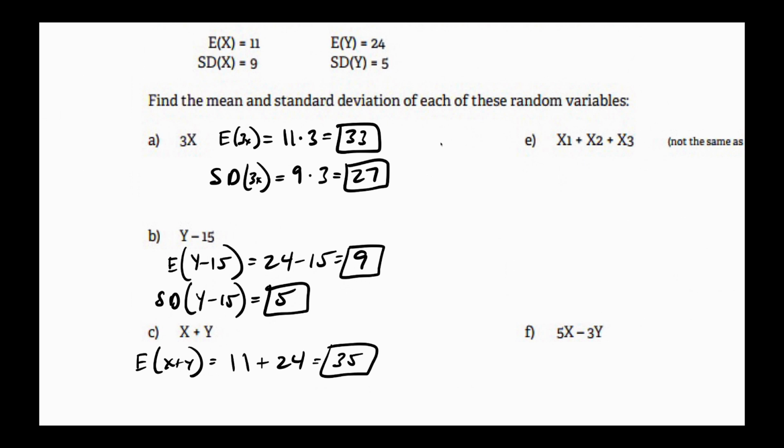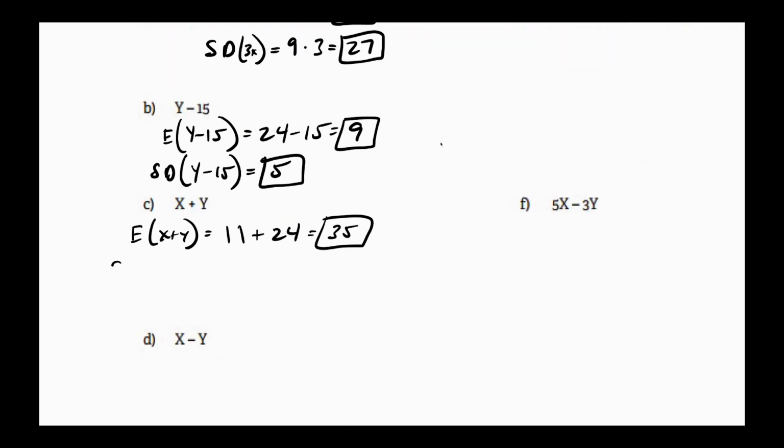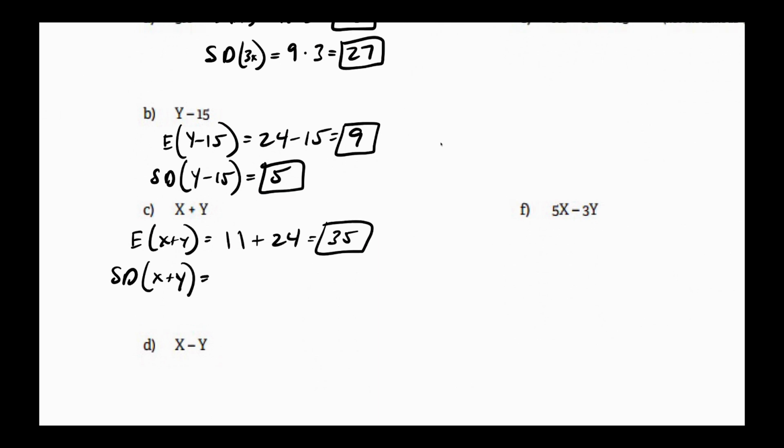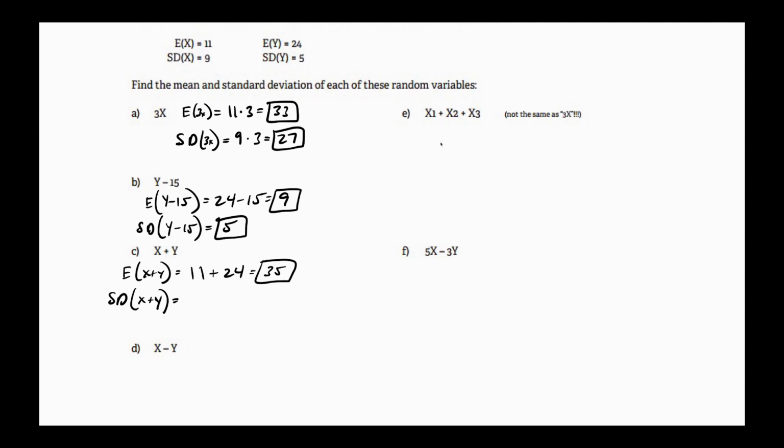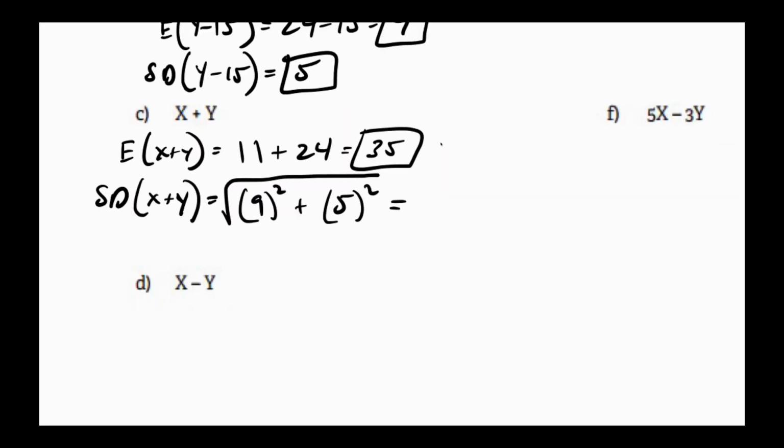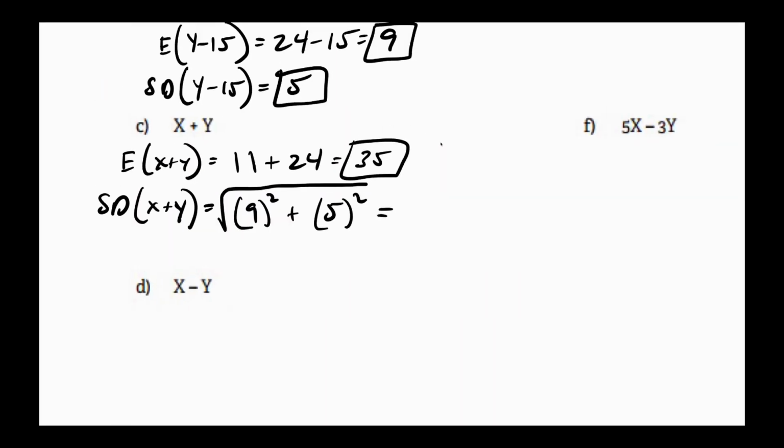The standard deviation when I combine them is going to be a little different. I take the standard deviation of the first one, 9, square it, the standard deviation of the second one, 5, square it, add them, and then square root it. You're going to get a decimal, just round it.